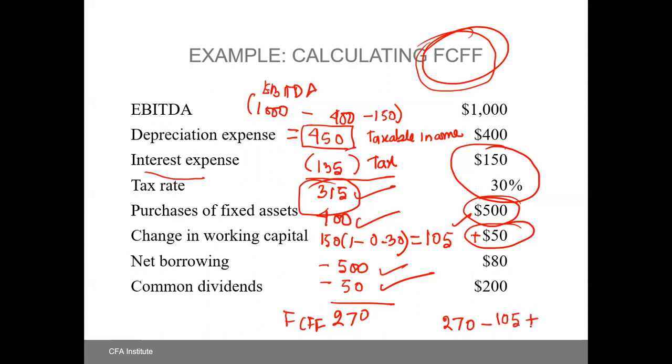I'm adding back net borrowing, which is 80. Now, can you check how much it is? 245. What is it? Free cash flow to equity.